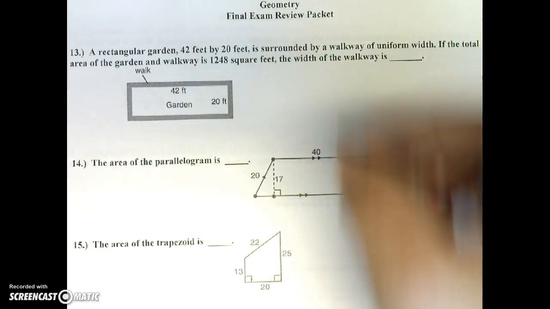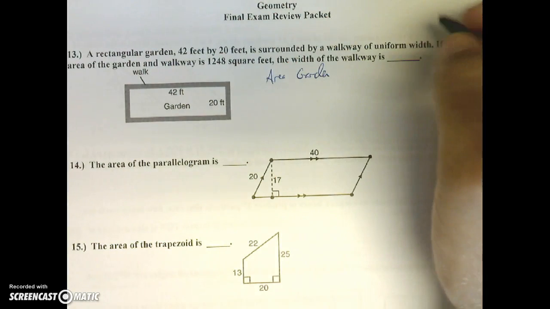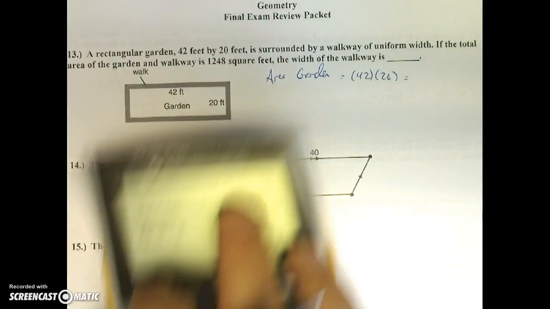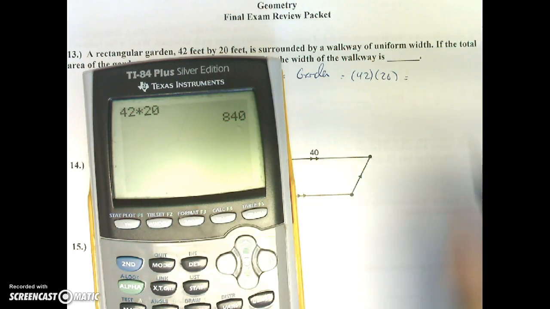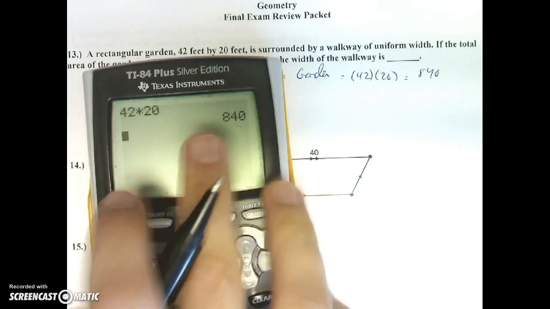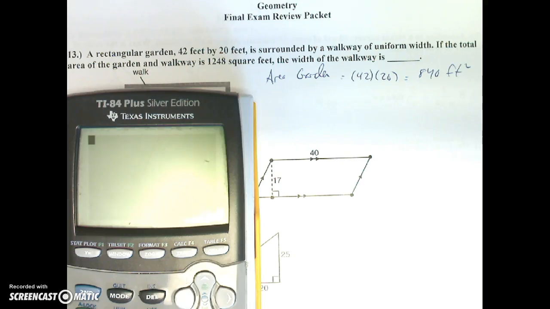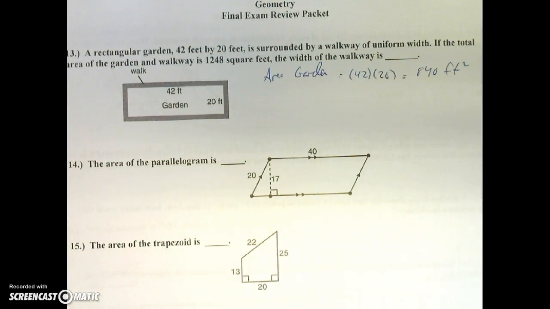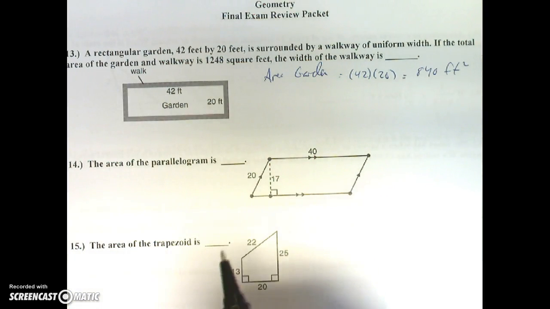Area of the garden is going to be 42 times 20, which gives us 840, I believe it's feet squared. Now you have the area of the inside, and we know we have to get an extra, roughly around an extra 504 square feet.